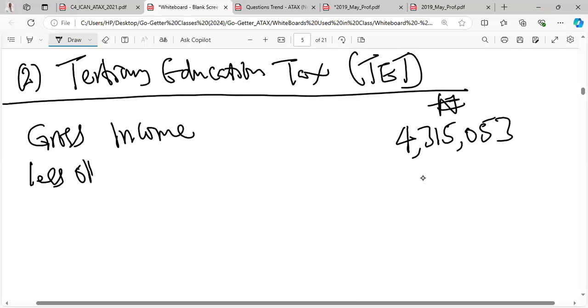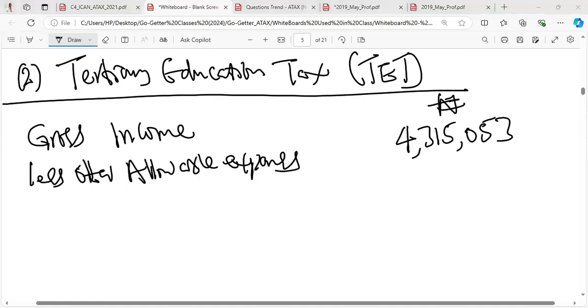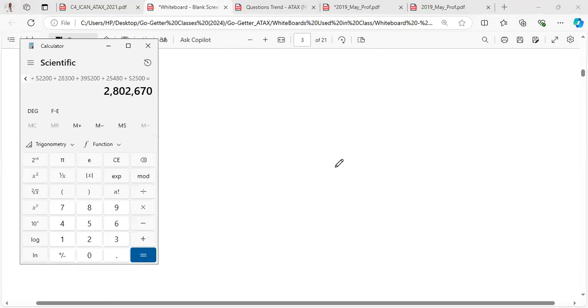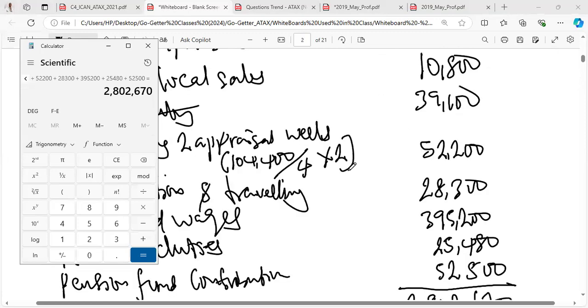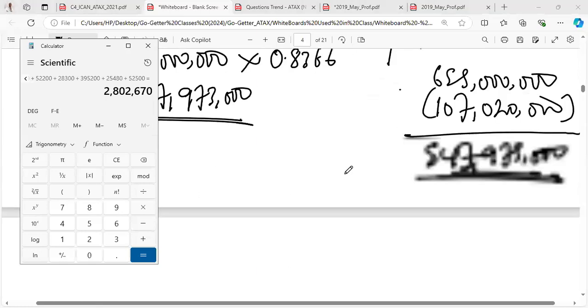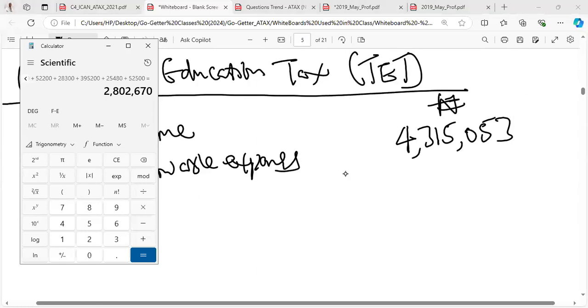less other allowable expenses. These other allowable expenses, we've calculated it before, so I don't need to be scrolling up and down. It's 28. Okay, let's just confirm. Yes, it's 2,802,670.